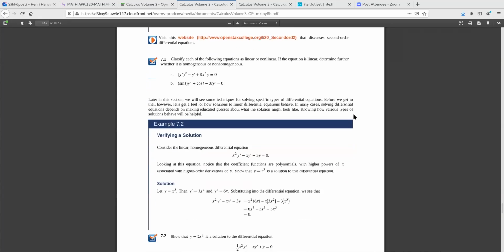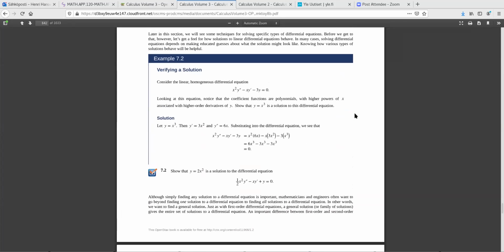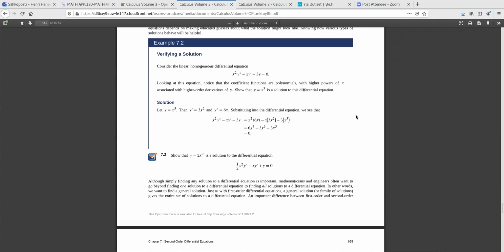So let's look at this situation. Before we can solve the equation, we must be able to actually verify a solution to the equation. And it is done exactly the same way as before. So there is no magic involved. We just have to find the derivative of the derivative.